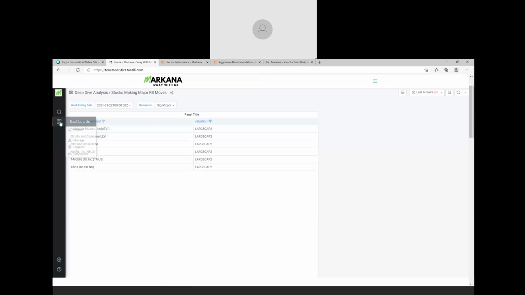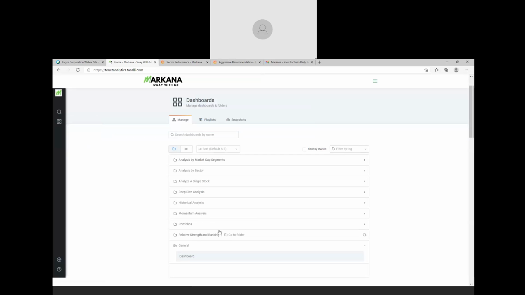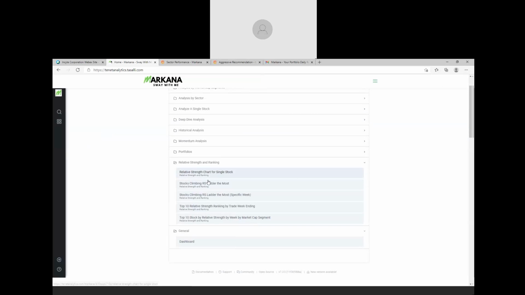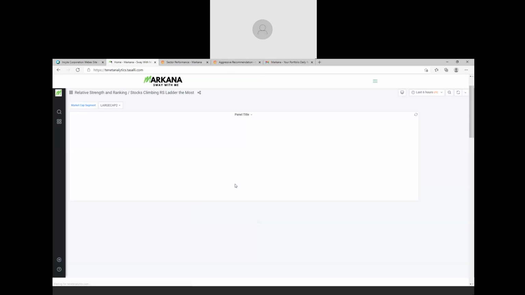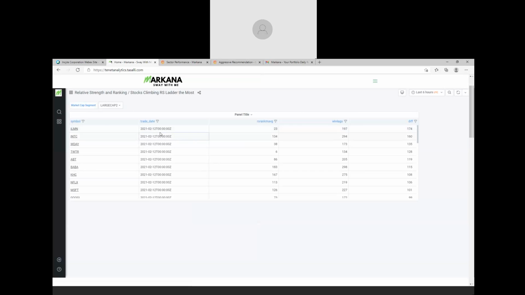And to see what is the actual move that it is making, if you go to this report, stocks climbing RS ladder the most. So for week ending last Friday, Illumina 4 weeks ago was at a relative strength of 197, and as of 2 days ago, it was a relative strength of 23. So it has climbed 174.